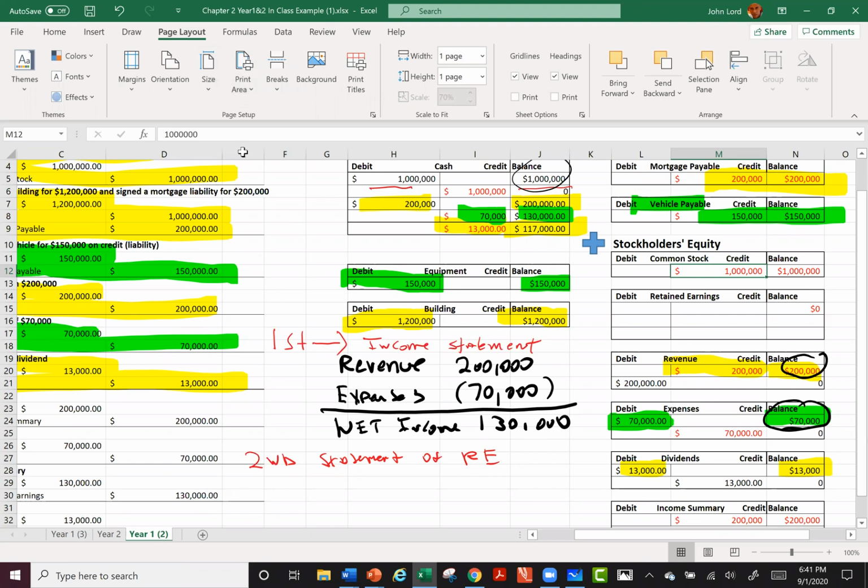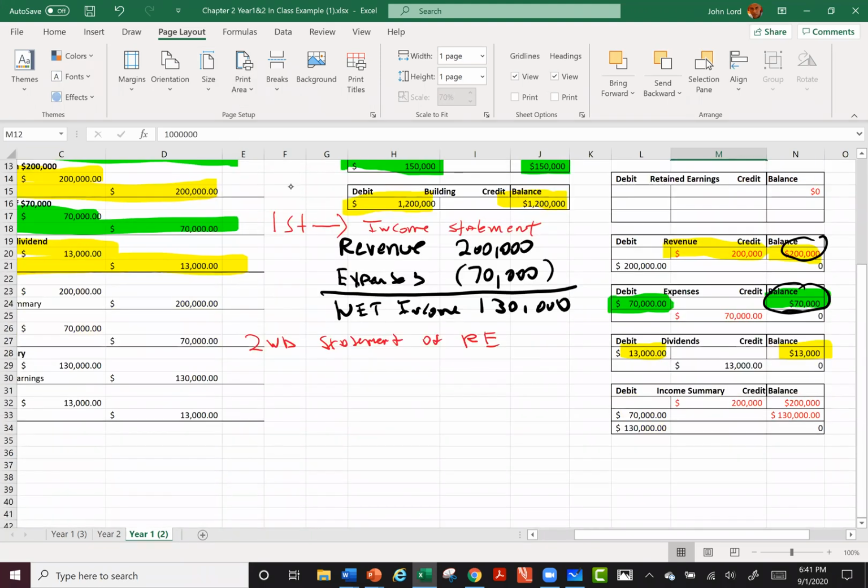So I'm going to prepare my statement of retained earnings, which is my piggy bank, right? And when I prepare the statement of retained earnings, I have a beginning balance. Since I just started business, what's my beginning balance? 0.